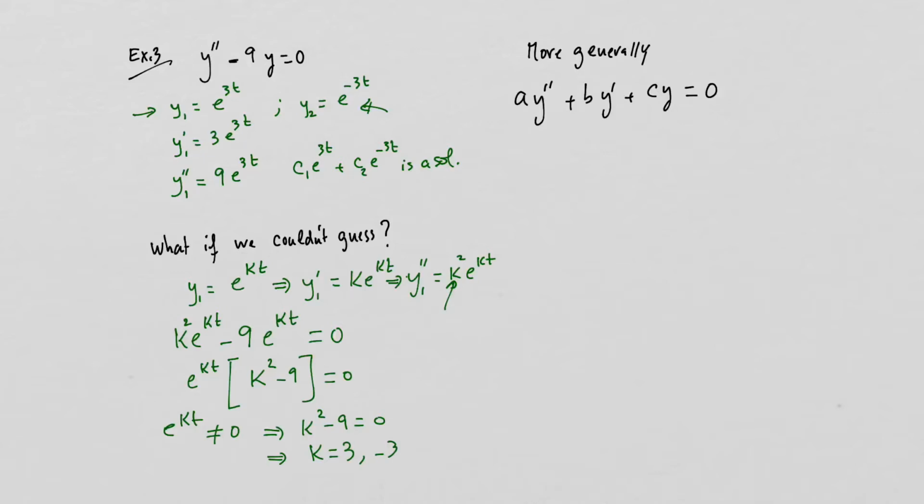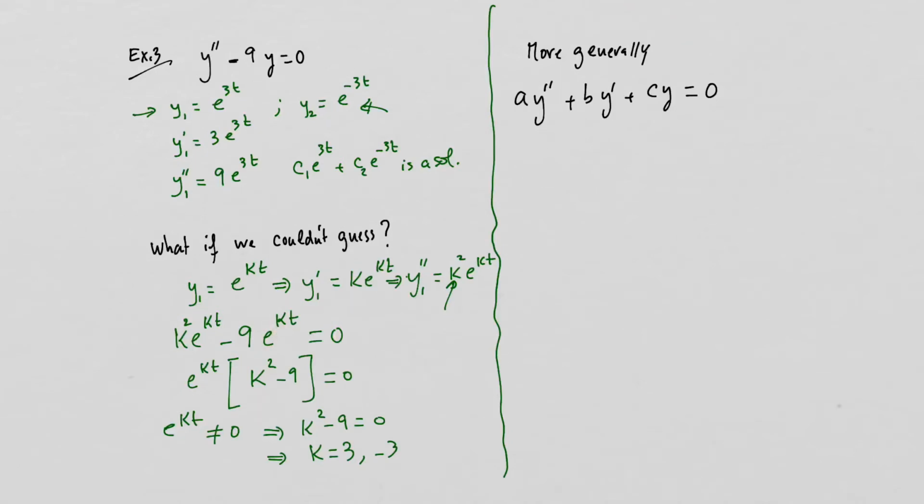So now I'm going to work a general case. I'm going to take a homogeneous linear ODE, second order. But this time, I'm going to pick all the functions in front of the dependent variables to be just constants. Because if you understand this, then you can get all the ones we did, including this one.